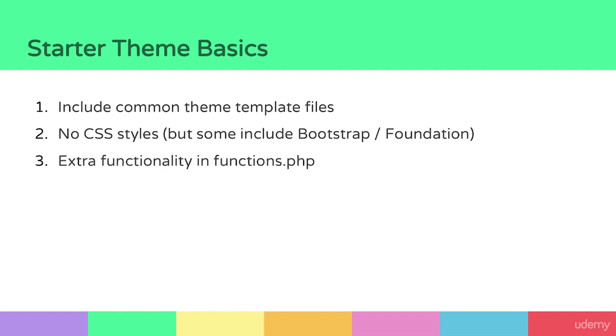Now, in addition to all of this, there is going to be some extra functionality in your functions.php file. They might be adding a bunch of little hooks and things in that just make your work easier. They may be assuming that you want to have some extra functionality. They may be coding out things that aren't in WordPress by default, but a lot of developers find really helpful.